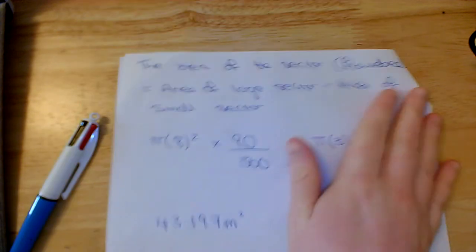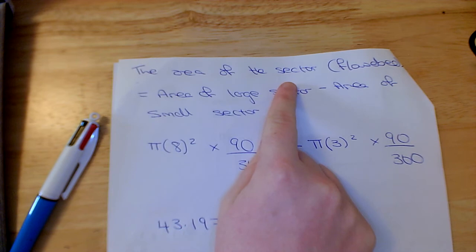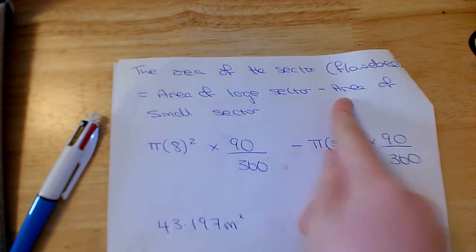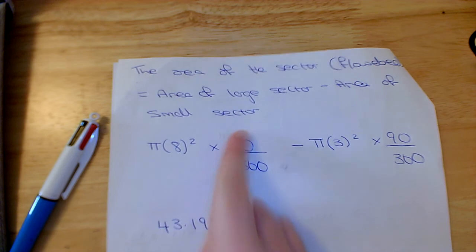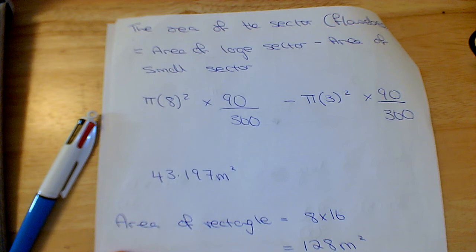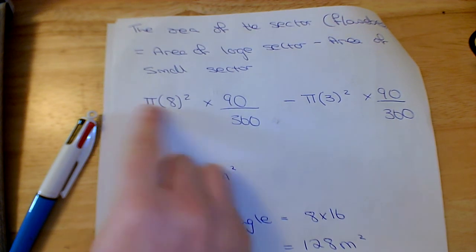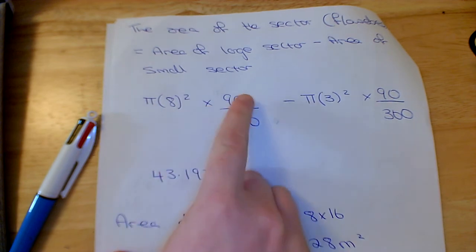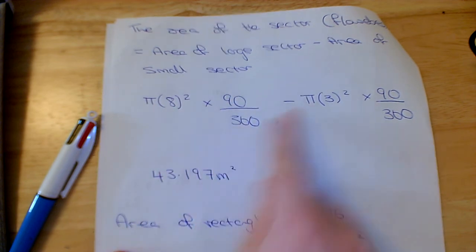The next part of this question asks me to get the area of the sector, so the flower bed. So I have to get the area of the large sector, take away the area of the smaller sector. The formula for the area of a circle is pi r squared. For the area of a sector it is pi r squared multiplied by theta over 360. So pi, my radius is still 8 for my large sector, squared, multiplied by my angle, which is still 90 over 360.